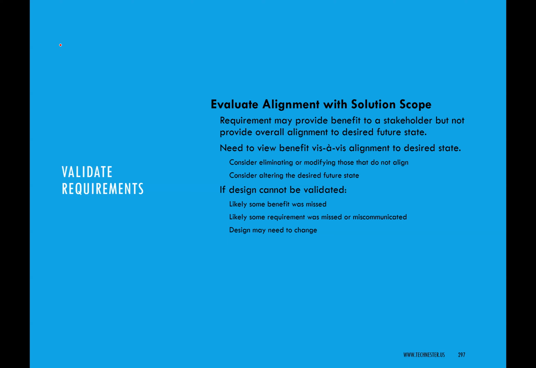Is it in line with the solution scope we collected at the beginning? Or is it covering things that we have said we will not cover? Because different stakeholders have said different things. They have presented different requirements. So have we gone above our bound or beyond our boundary? That's what you'll be checking too.